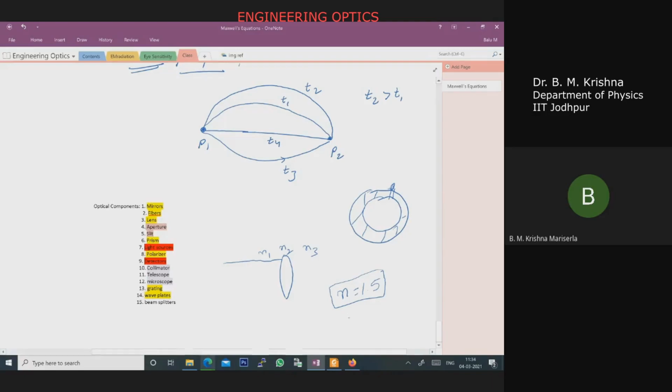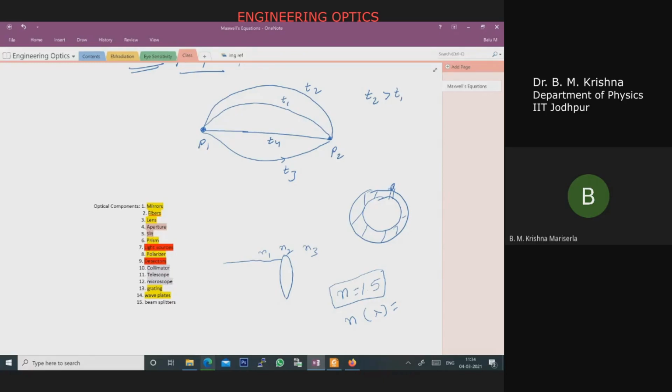In principle, the refractive index is wavelength dependent. It is not an exactly fixed value. Mostly in visible light it is around 1.5, but not exactly 1.5.